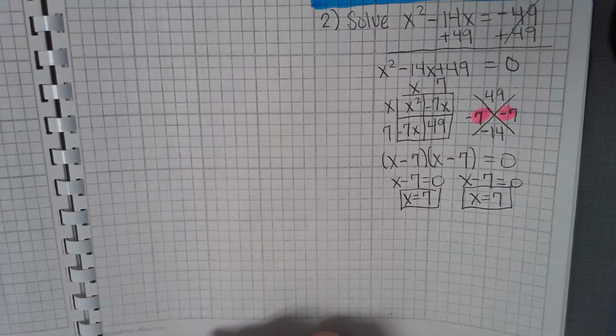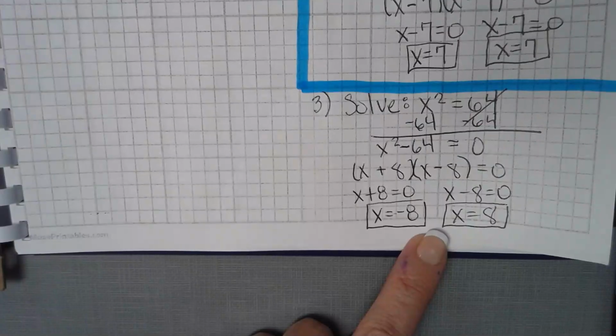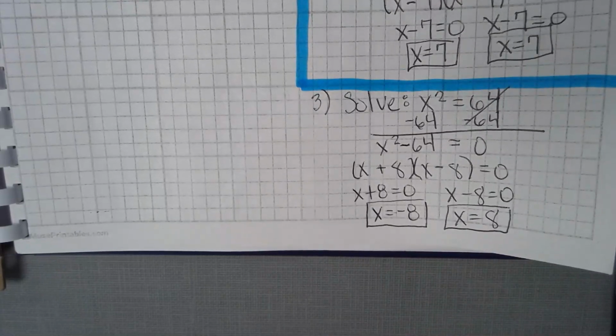I want to show you what that looks like in a graph. Okay. Let's see what that looks like. X squared minus 64. Notice our answers are the x-intercepts, y'all. You're going to need to know that. Our answers are the x-intercepts.